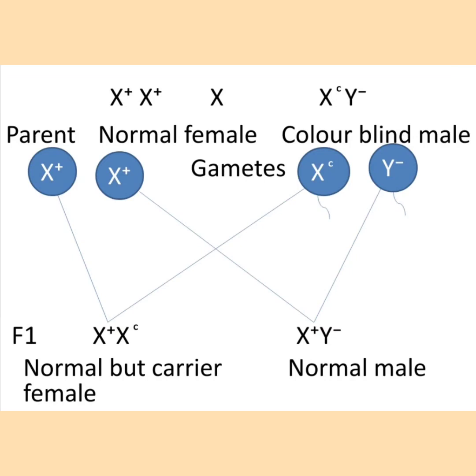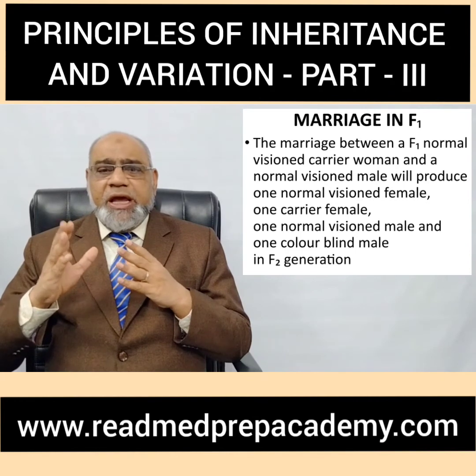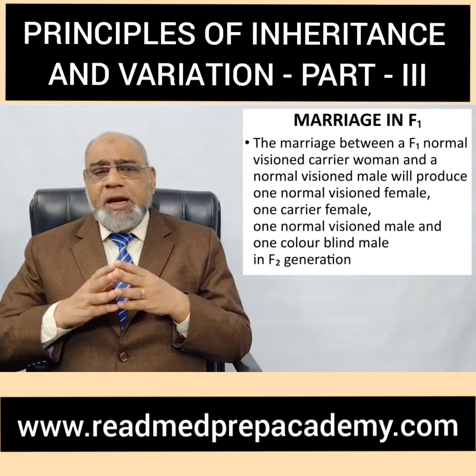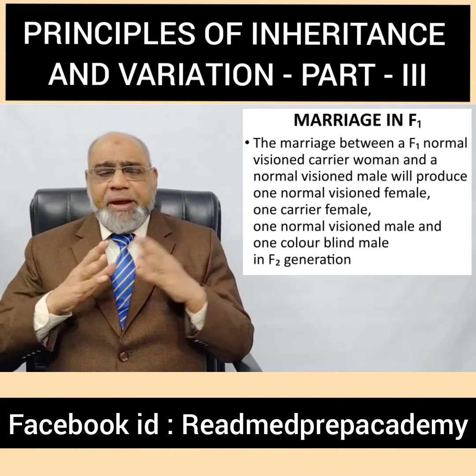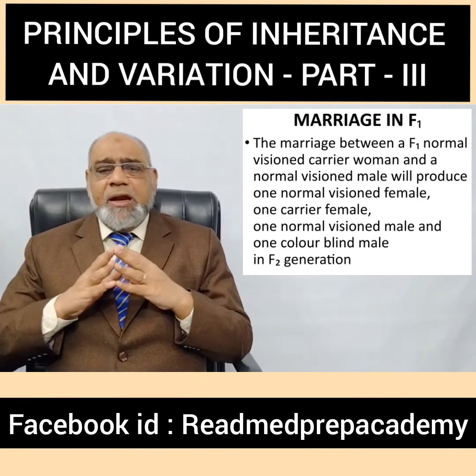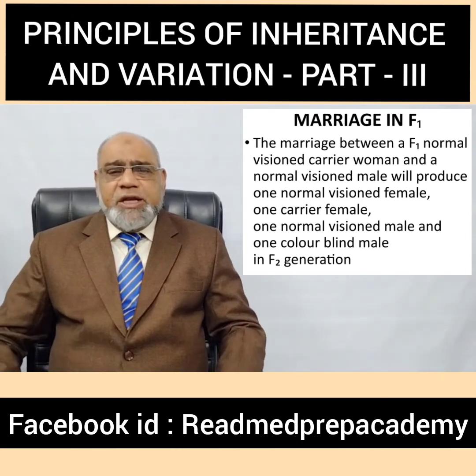A colorblind male, which has the allele on the X chromosome, transfers the allele to the female, and the female born in the F1 generation is a carrier, and the male is normal. In the marriage in the F1 generation, between a normal vision carrier woman and a normal vision male, they will produce one normal vision female, one carrier female, one normal vision male, and one colorblind male in the F2 generation.